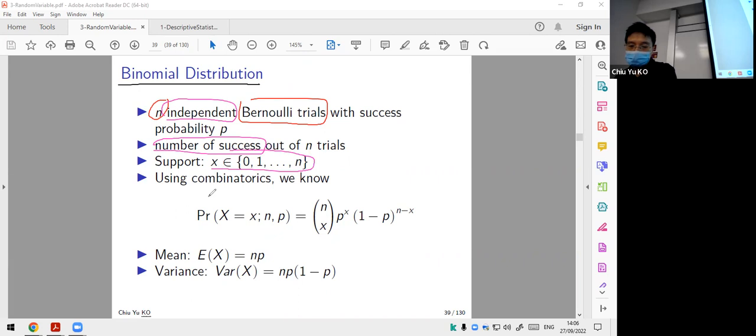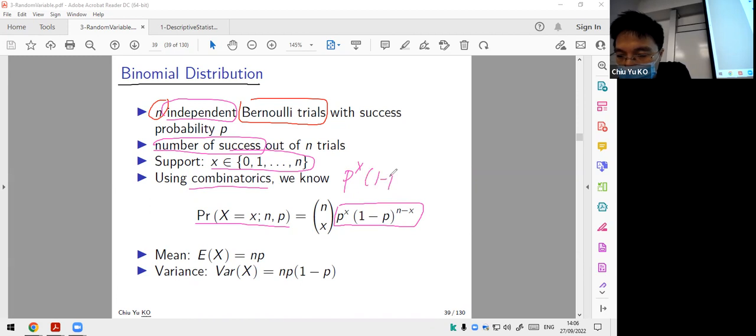what you will get, we learned combinatorics, actually what you learned in the last class. It's like this. This is almost coming from before. Remember the one we had is P^x times (1 minus P)^(1 minus x), and this is very similar to here.